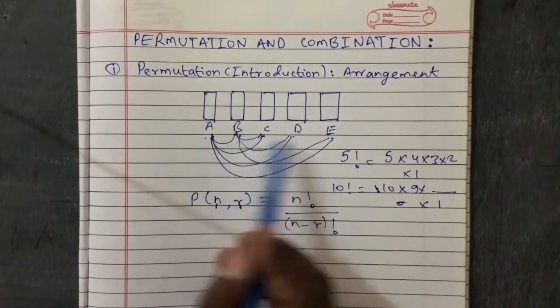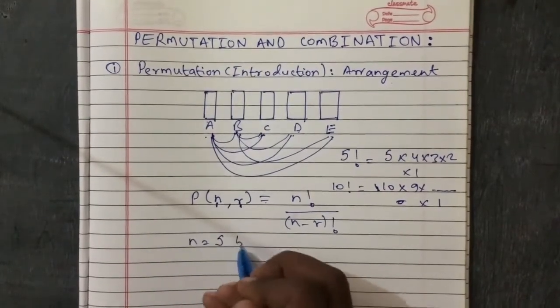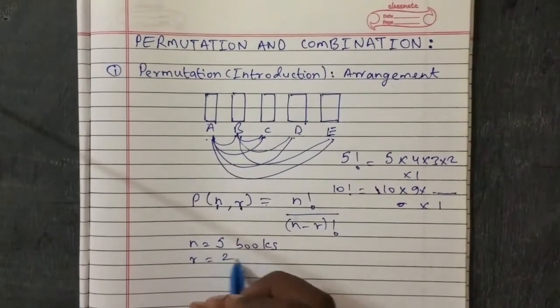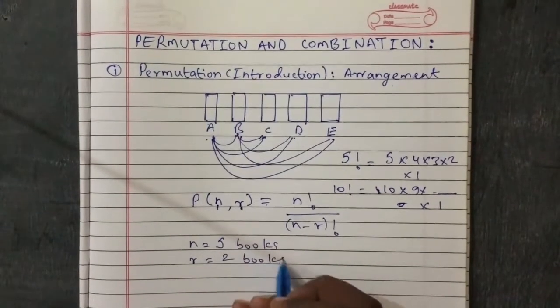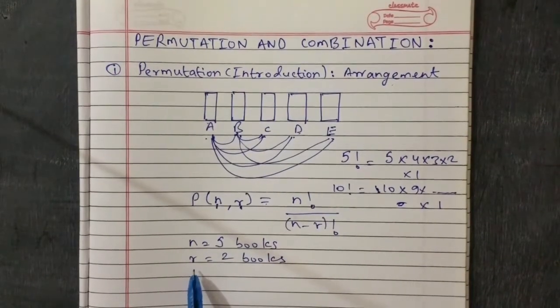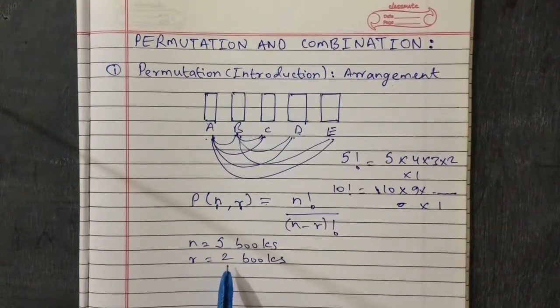Of course, in this case, n is equal to 5 books, and r is equal to 2 books. n refers to the total number of books, and r refers to the number of books that are going to be arranged, and those are 2 books.